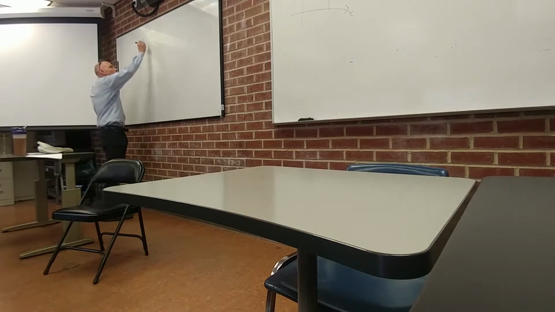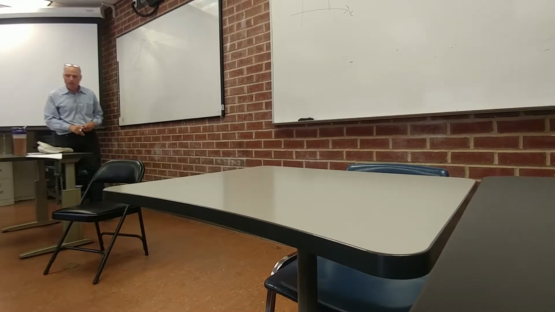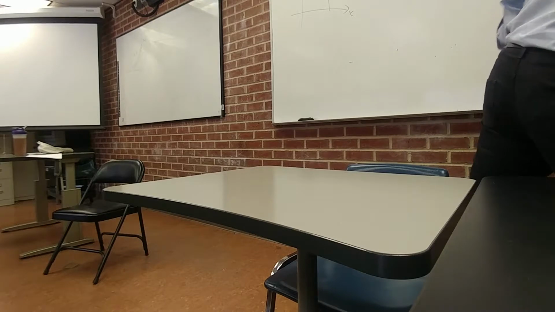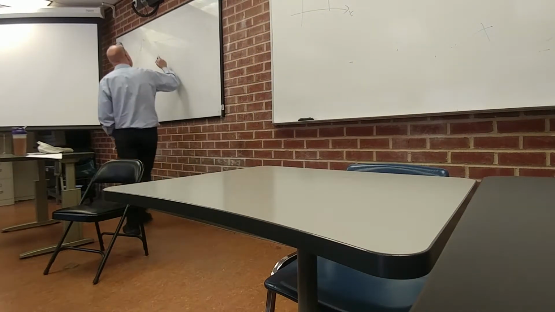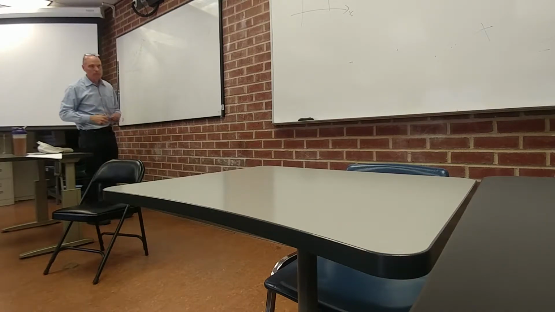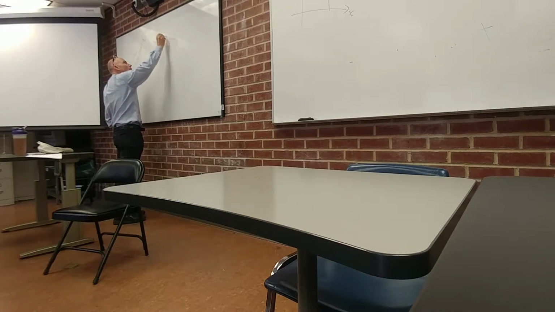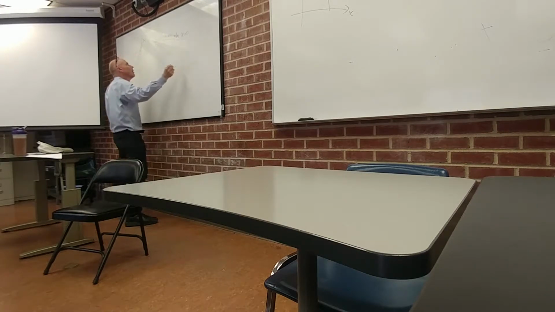So let's do x bar first. And x bar is a fraction. What is the numerator of this fraction? It's a sum of something. Sum of what? Sum of the moments about x equals 0.